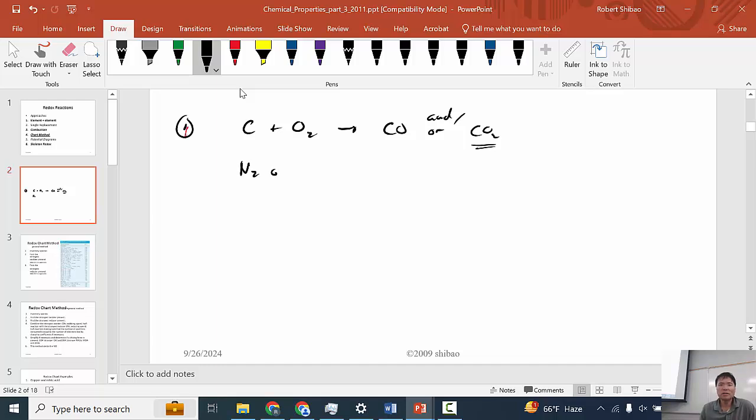Let's go with nitrogen and oxygen. This is more complex. We might form nitrous oxide, we might form nitric oxide, we might form nitrogen dioxide, etc. If we do complete oxidation, what does it form? Complete. What's the highest positive charge for nitrogen? +5.